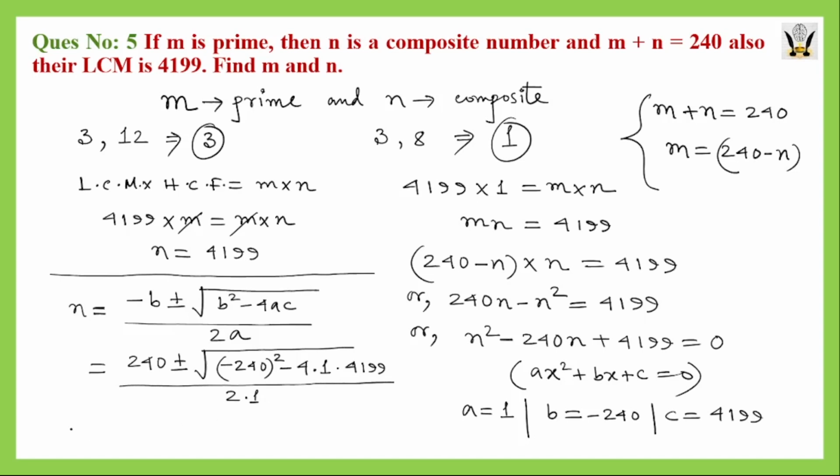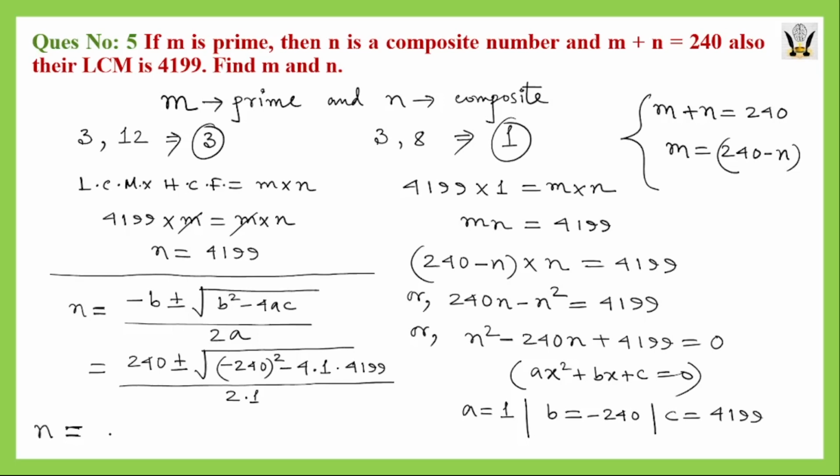If we simplify this, definitely we are going to have two roots, or two values of n. In one value we will have the plus sign, and for the other value, the second root, we'll consider the minus sign. Now I will complete this calculation separately, as I don't have enough space here.